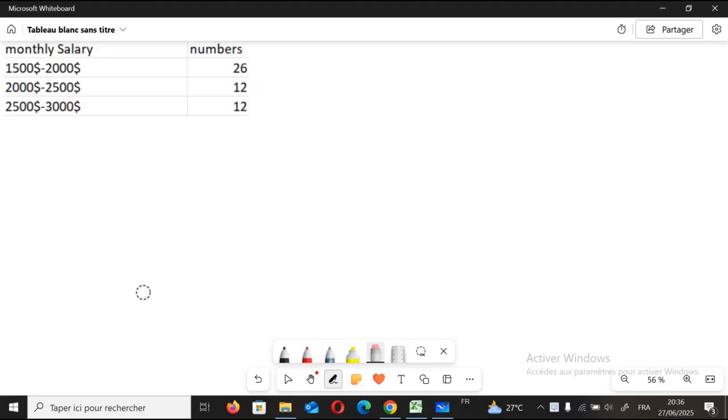So the first thing we're gonna do is select the boundary of the modal class. The boundary of the modal class here is simple. We have the biggest number, which is 26. The boundary of the modal class is 1,500 and 2,000. Okay. So the mode, I'm gonna show you the formula for how we can calculate this.